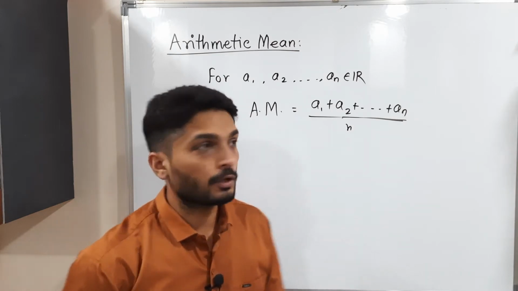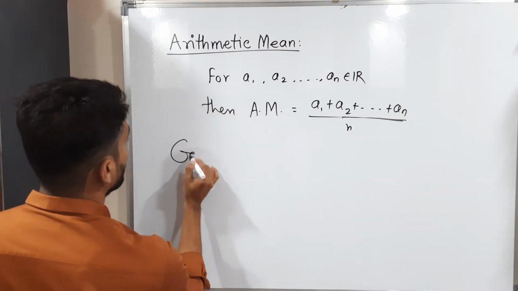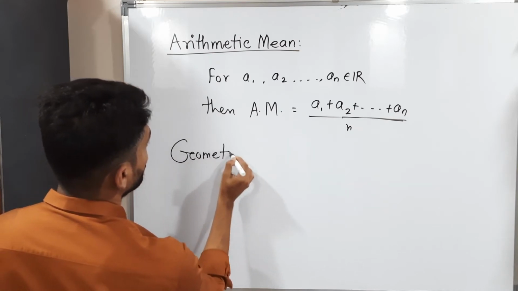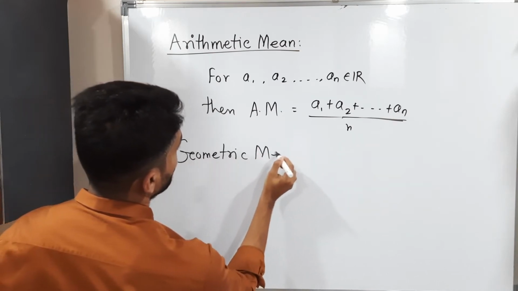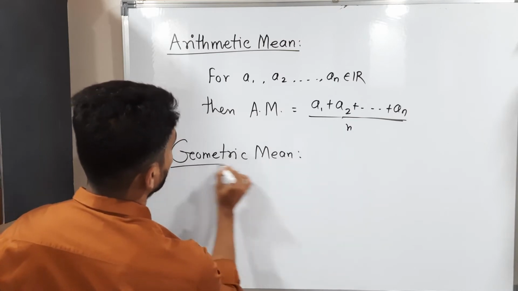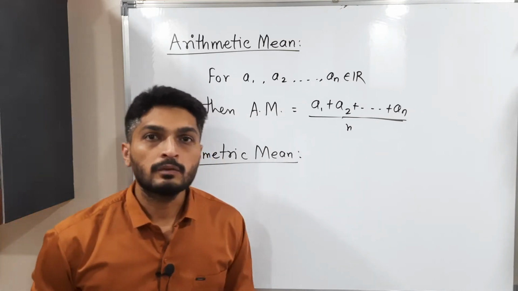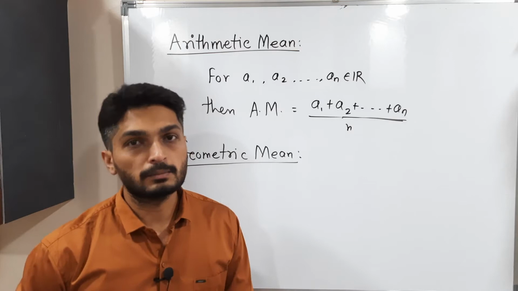So let us see how to find the geometric mean. For the geometric mean, we need to have positive real numbers only.